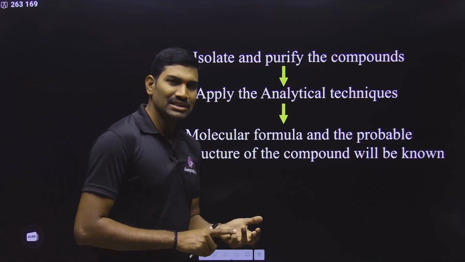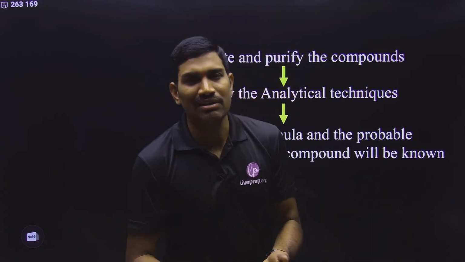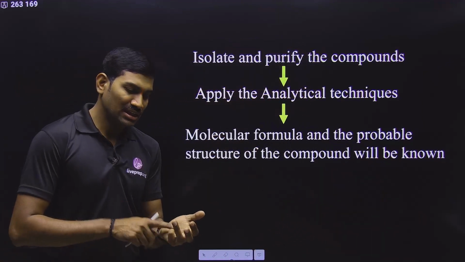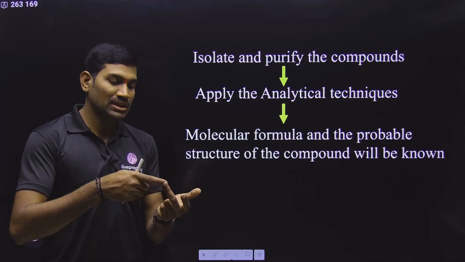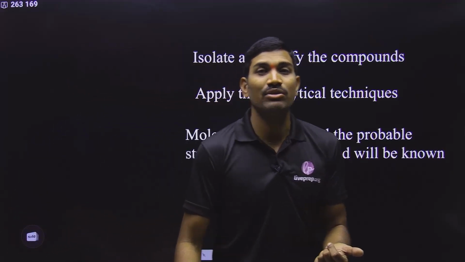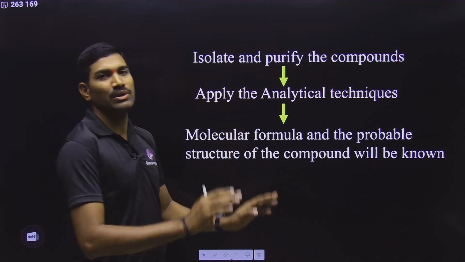In this way, once you get the structure, you can make the formula, so that we can use that information for understanding what these molecules are, what their nature is, what chemical groups are present, how they can interact with each other, what different reactions they undergo, and what types of products can be formed. All these things we can understand from this.